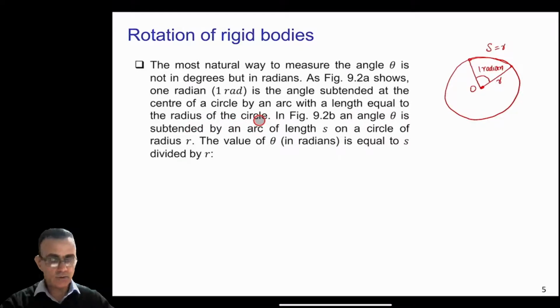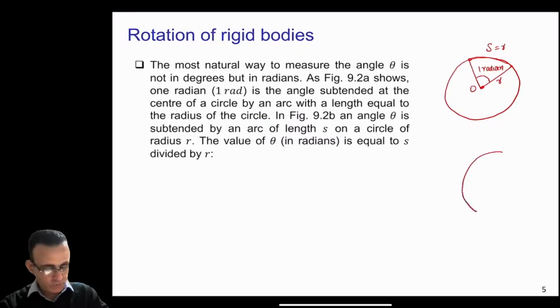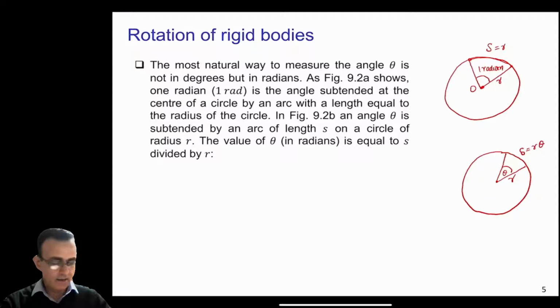Now, again, if you want to calculate this S here, and if you know this R, then S will be equal to R theta. And if you want to calculate theta, then theta will be equal to S divided by R.